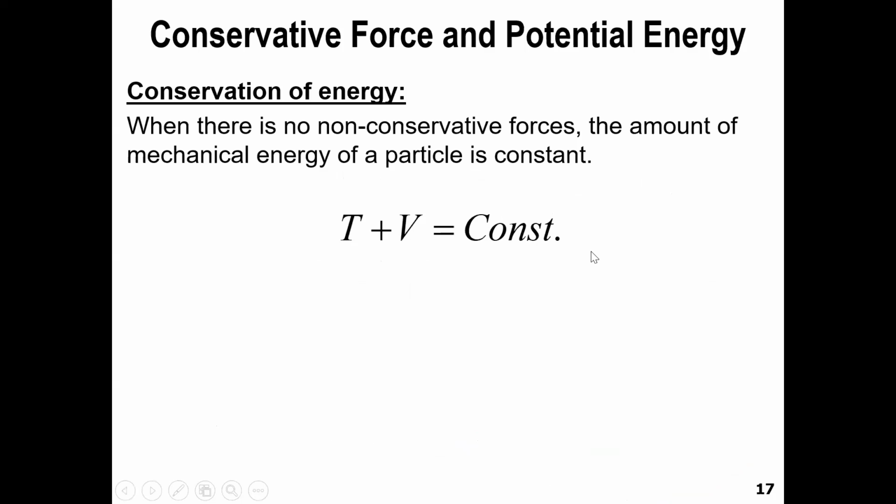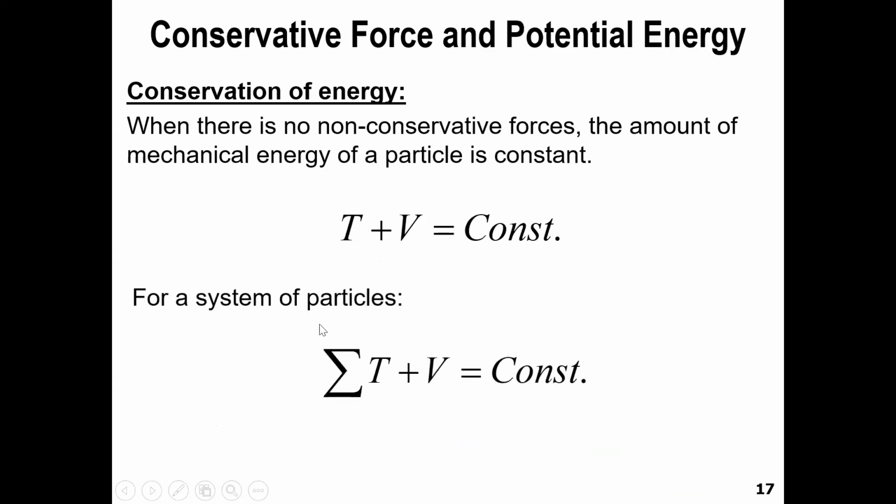So practically, when there is no non-conservative force, as I said, the amount of mechanical energy of the system remains constant. If you have a system of particles, for the whole system of particles, that remains constant. That means the energy could increase in one particle and decrease in other particles.